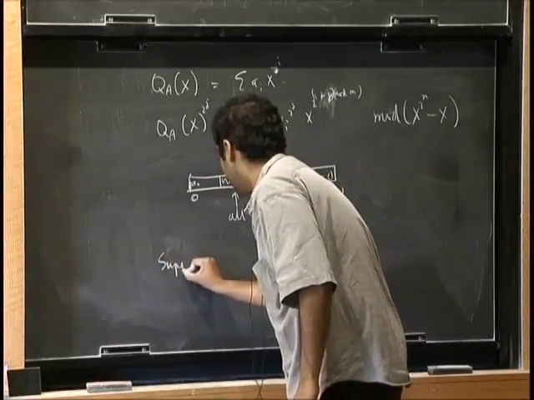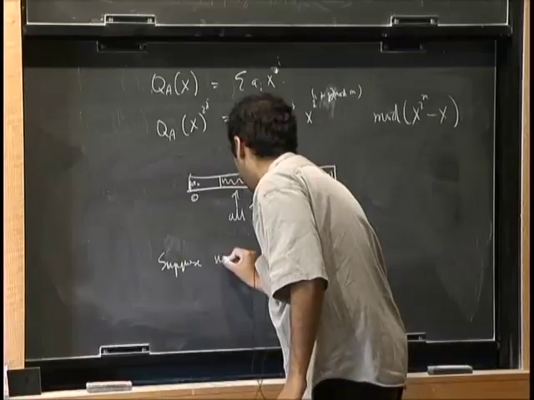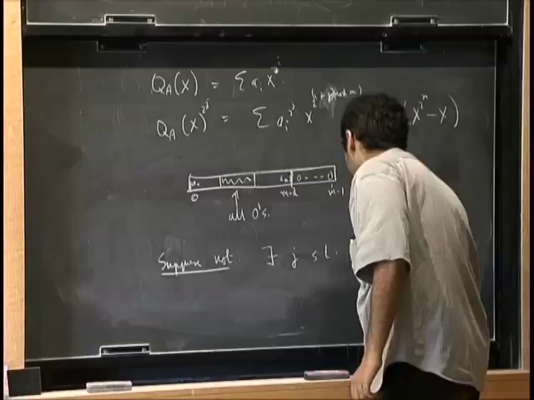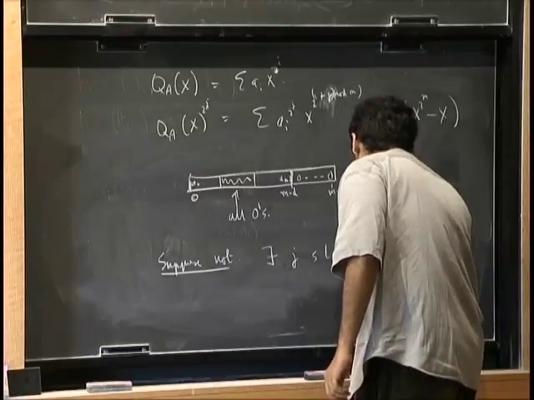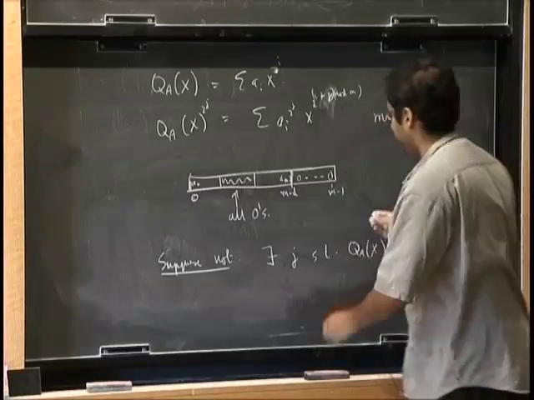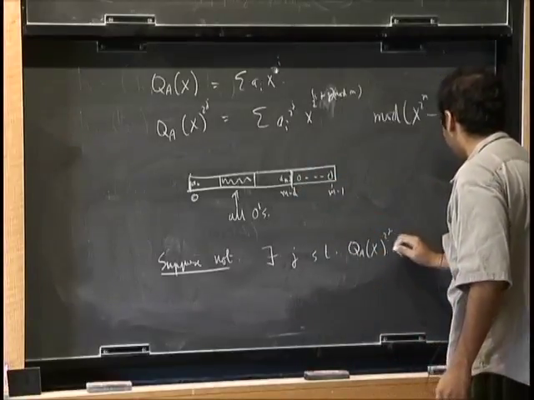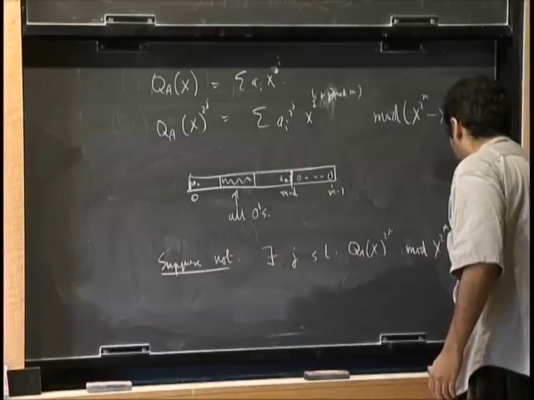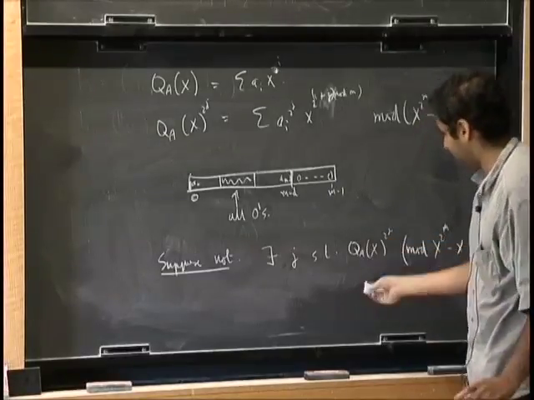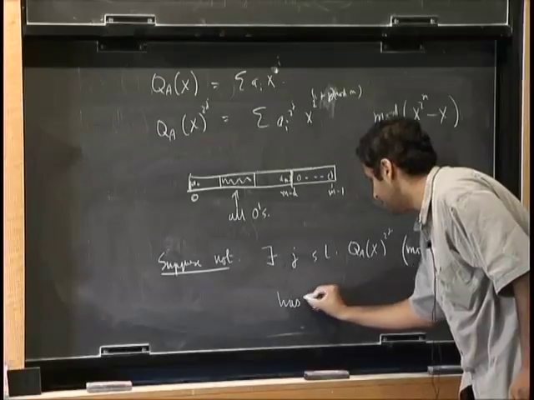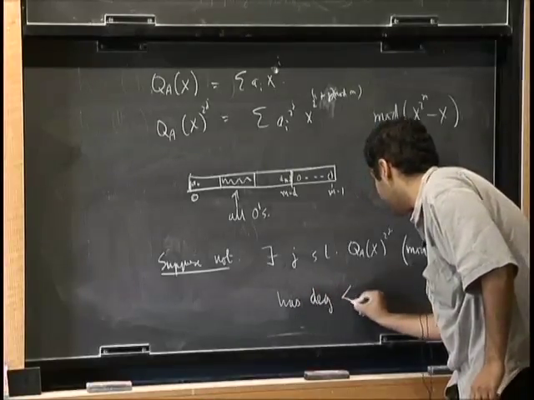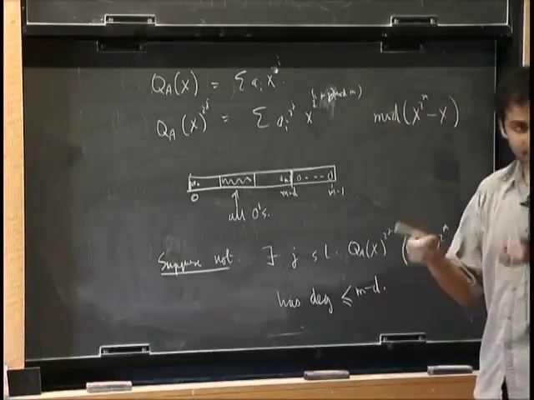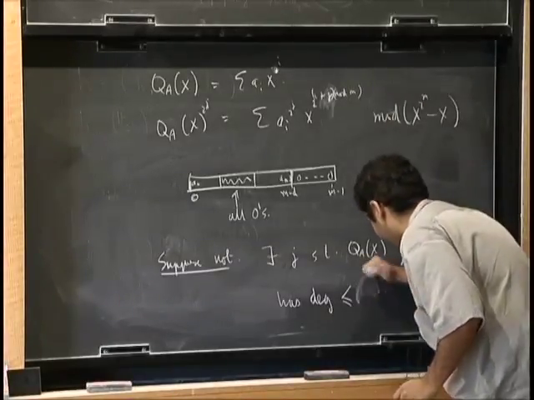Suppose not, then there exists a j such that qa of x to the 2 to the j mod x to the 2 to the m minus x has degree less than or equal to 2 to the m minus d.